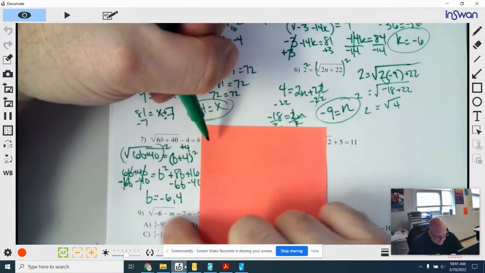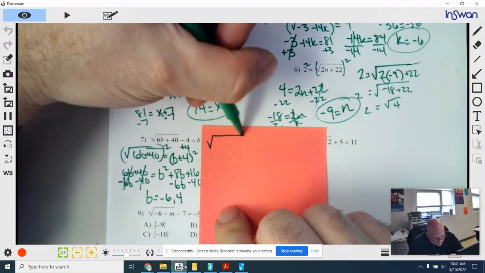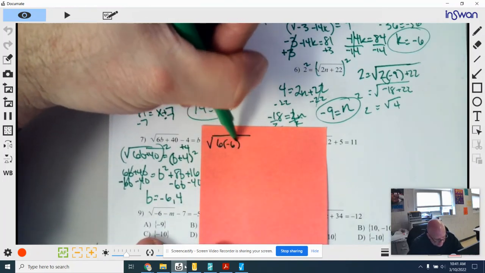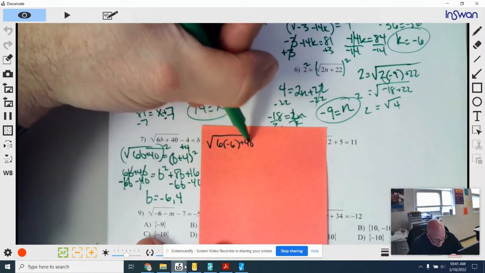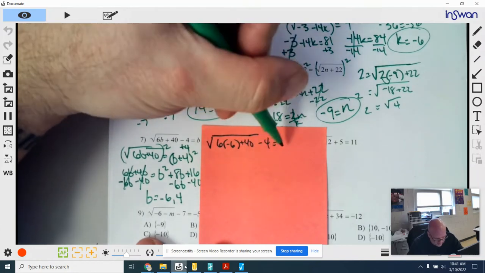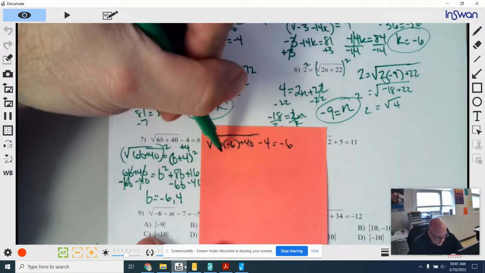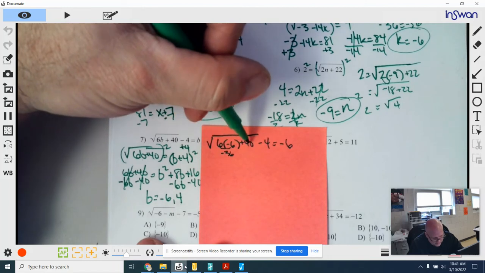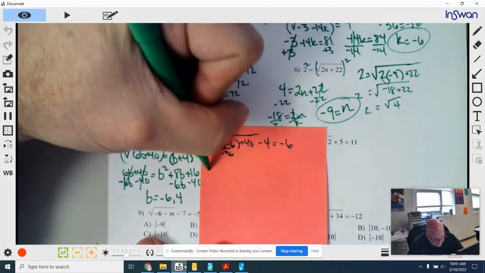So I'm going to plug in first this negative 6. I'm going to use the original equation, so the square root of 6 times negative 6 plus 40, take away 4 equals b, again, so we're saying negative 6. Okay, so 6 times negative 6, well, that's negative 36. Negative 36 plus 40, well, that's going to be 4.